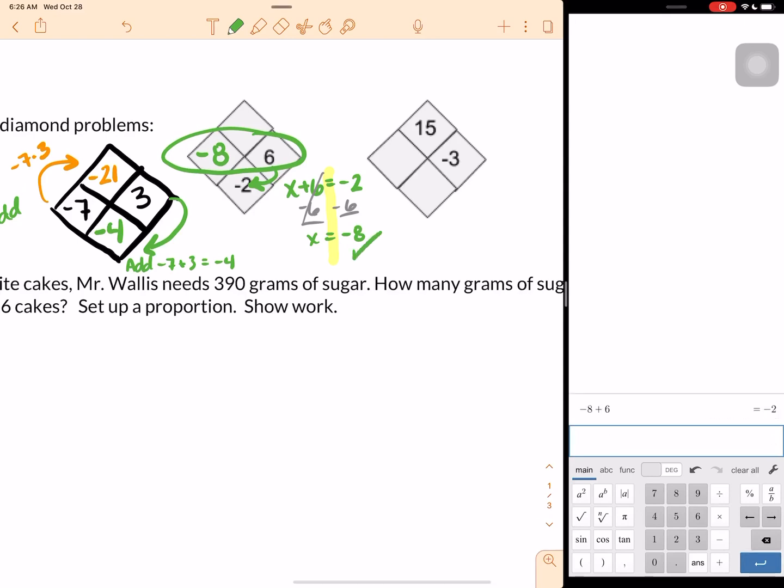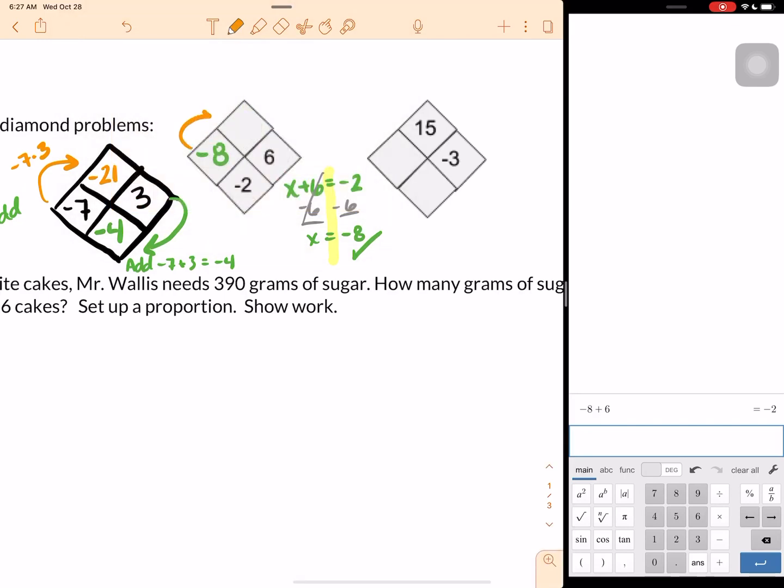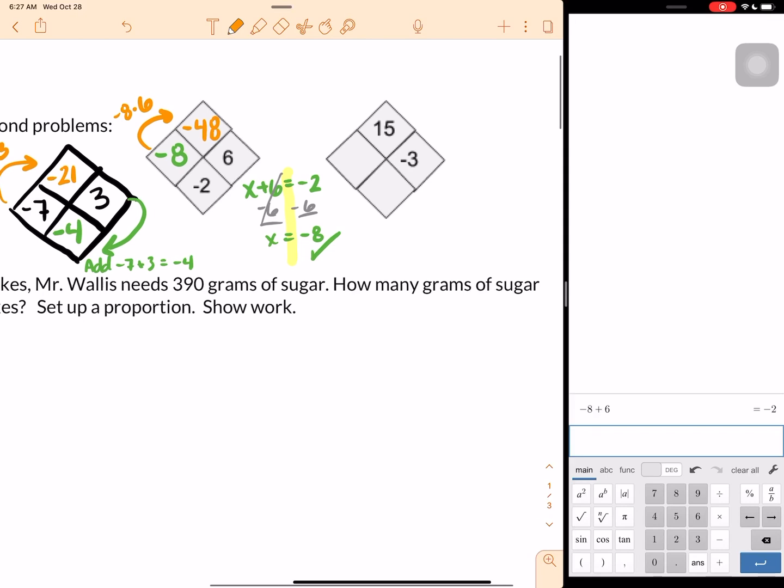So I know that this is correct. So I can leave the -8 there. And now I have to multiply to get the top number. I needed to find this number before I could multiply because I don't know what this one is, right? So I have to do -8 times 6. I'm going to get -48.